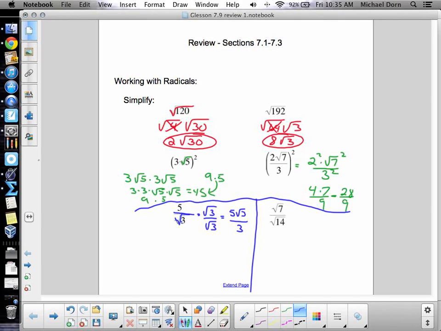For something like root 7 over root 14, I could rationalize from that point, but since they're both under radical, I can simplify first. I can actually reduce that. So this becomes root 1 over root 2, which is easy to rationalize, or root 2 over root 2 times root 2 is root 4, which is just 2.